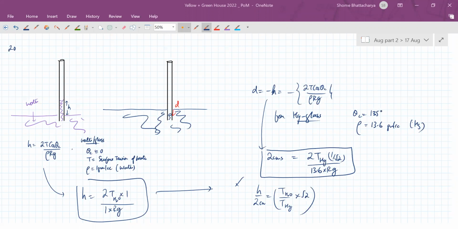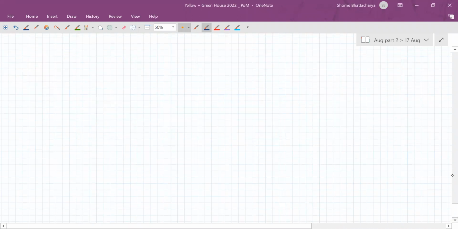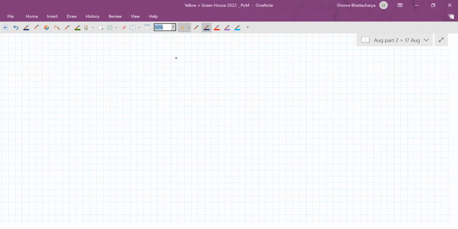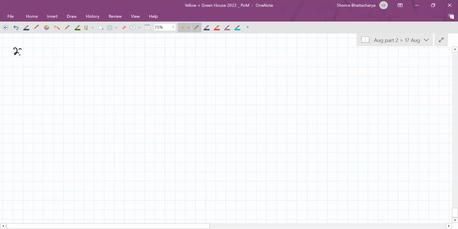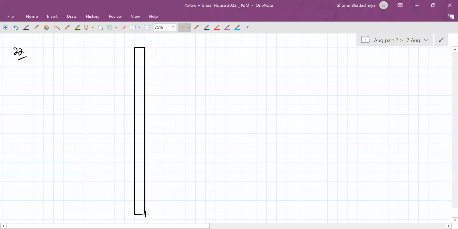Okay, so let's look at question number 22, people. Again, the same situation: a narrow capillary in water.